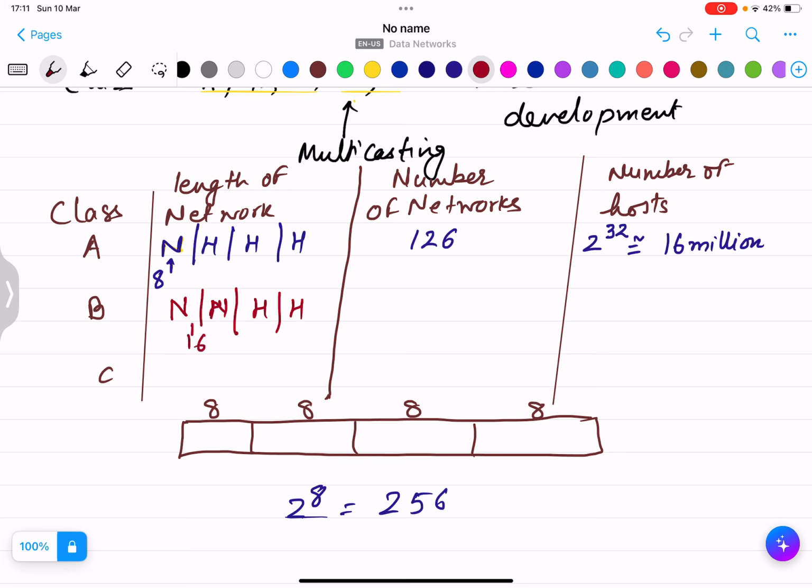So 16 bits for network address, let me make it more clear here, 16 for this, so it will turn out to be somewhere 16,384 networks, and here it will turn out to be somewhere 65,534 hosts. You might have another confusion, that both of them are 2 raised to the power 16, then why is the number of networks 1/4 of it. I'll come to that also.